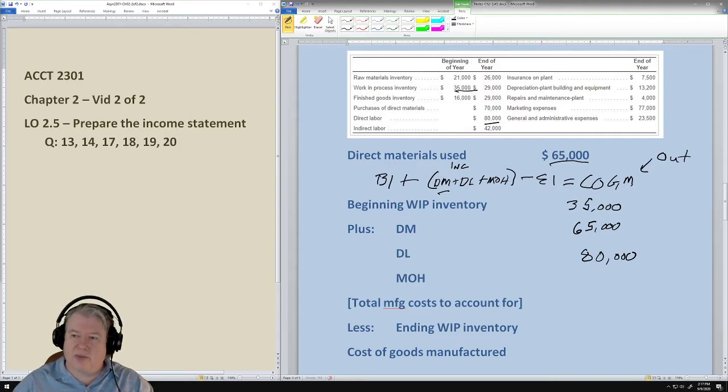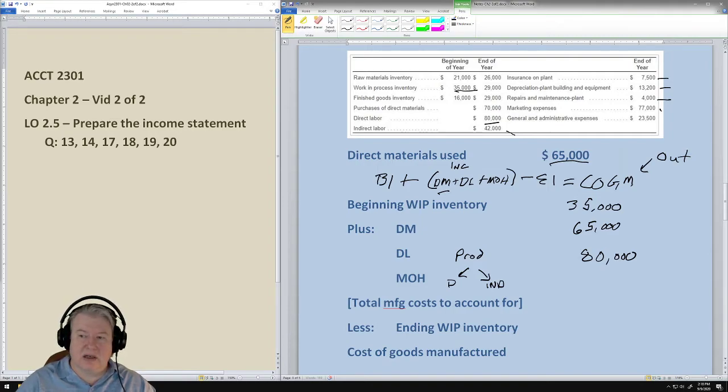The product costs are divided into two. They're either direct, and they'll be direct materials or direct labor, or they'll be indirect. So what we need to find out is what indirect factory stuff do we have? Well, we've got indirect labor, we've got insurance on the plant, we've got depreciation, and we've got repairs and plant maintenance.